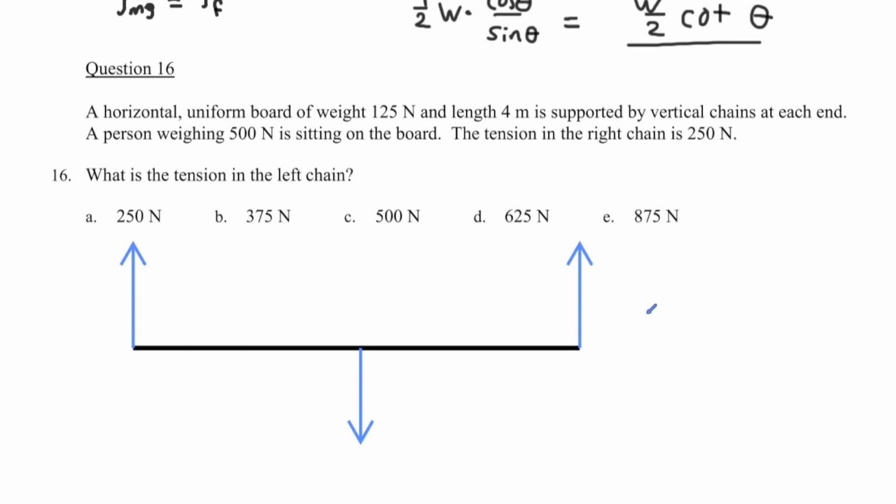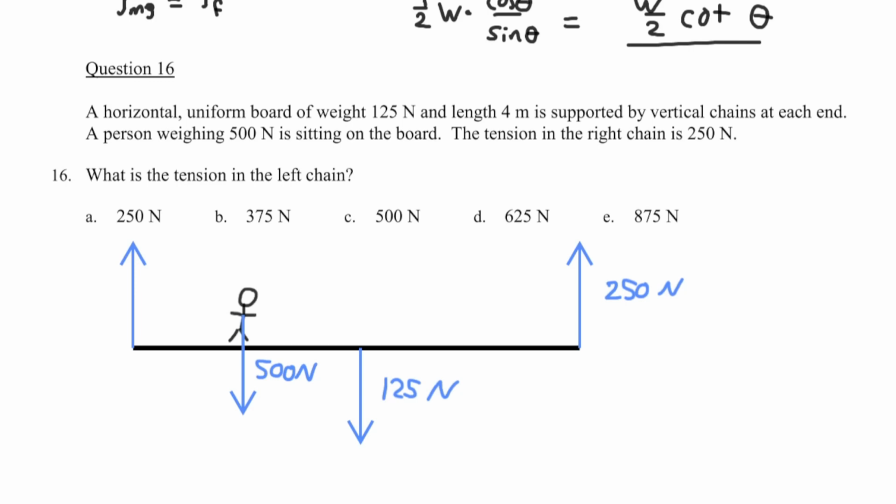And there's a person of 500 newtons sitting on the board somewhere. We don't know where, so we'll just put them in a random spot. So we have, this is 250 newtons, the weight is 125 newtons, and the person weighs 500 newtons.